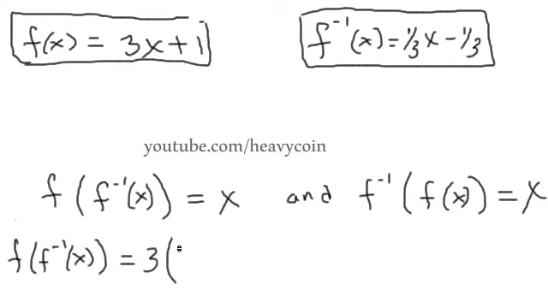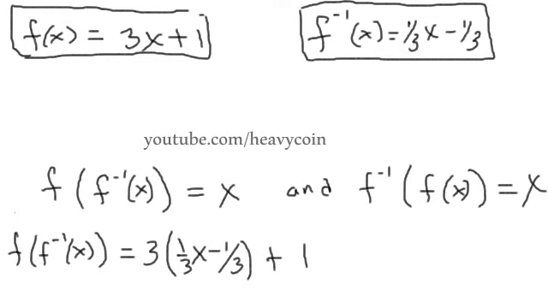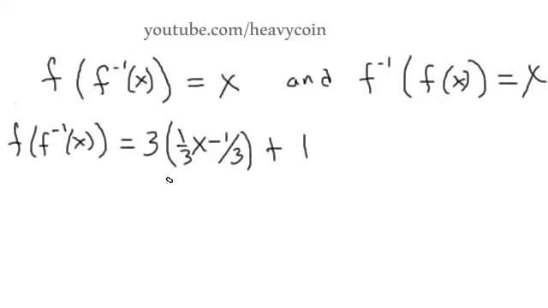You see that? So we're going to have 1/3 x minus 1/3, and then plus 1. So we took this x out and put this whole piece in at the inverse. And then what we're going to do is just simplify that down.